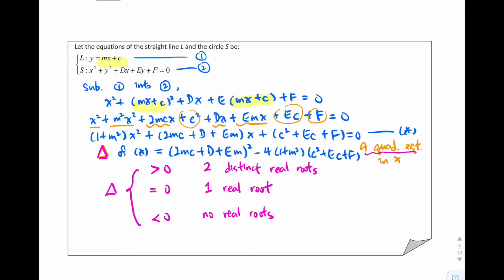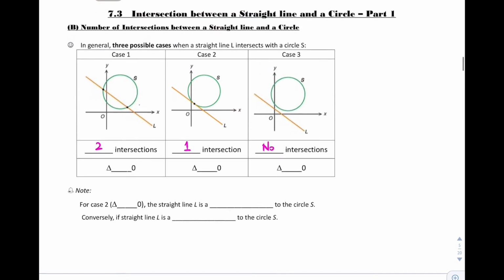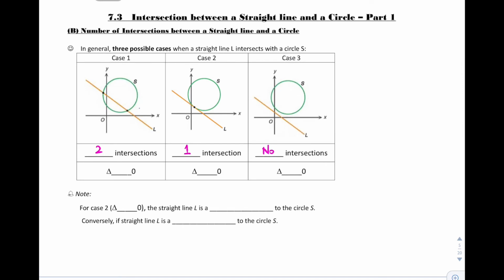So correspondingly, we can fill the table. For discriminant greater than 0, there are two intersections between the straight line L and the circle S. When discriminant is equal to 0, there is only one intersection. When discriminant is less than 0, there are no intersections between the straight line L and the circle S.